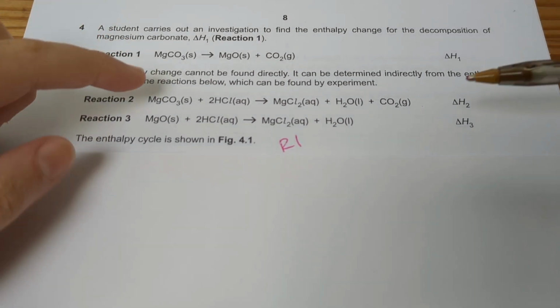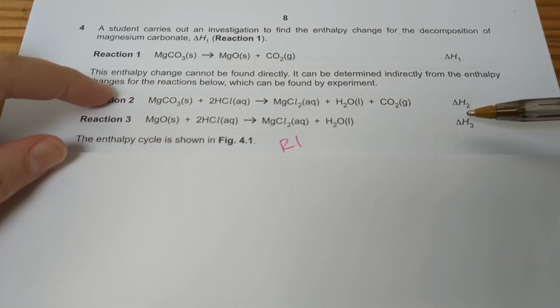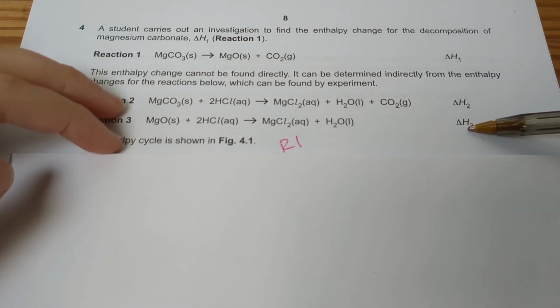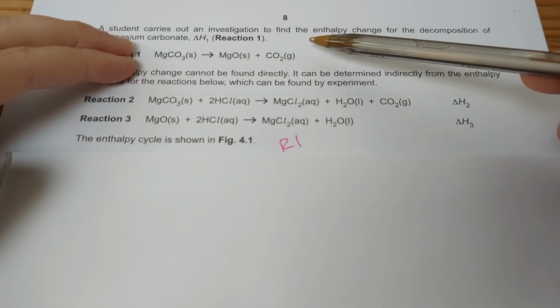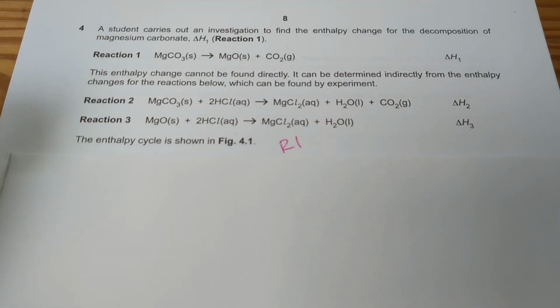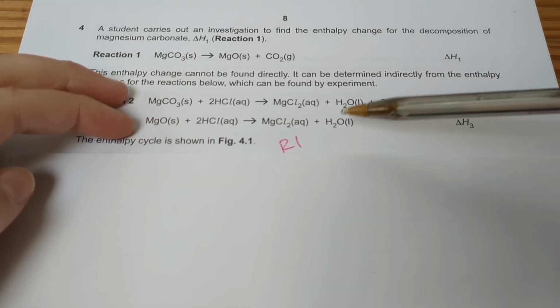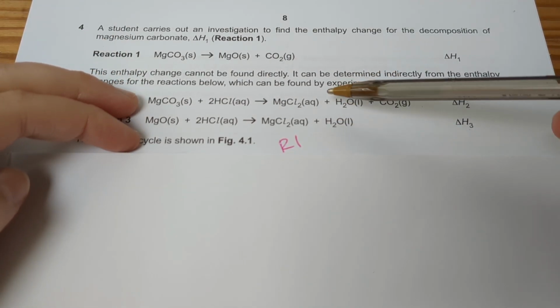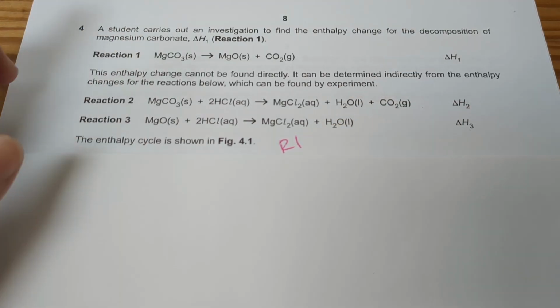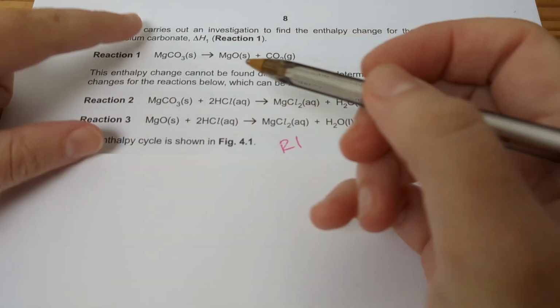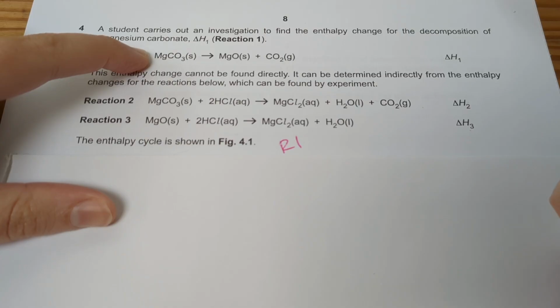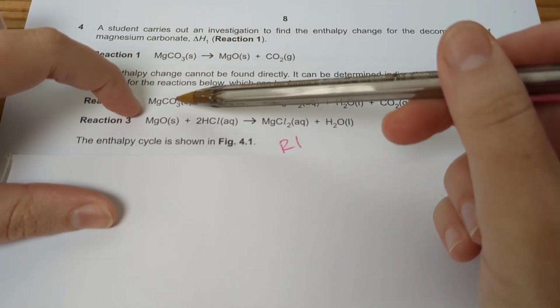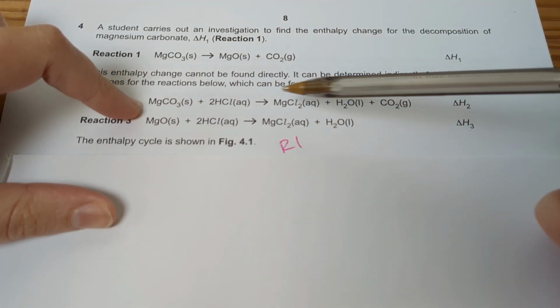So we want delta H2 and delta H3 equations to add up to give delta H1, this one. So somehow we have to combine these two equations so that together they match this one. How do we do that then? So we can see we've got magnesium carbonate on the left, and so does delta H2.